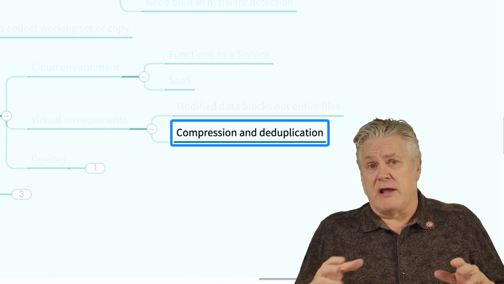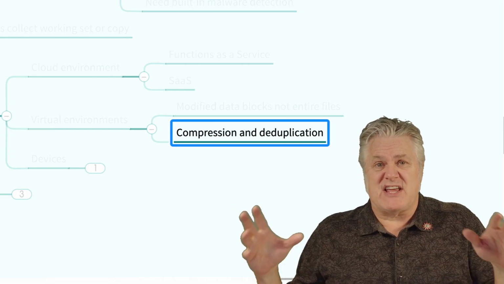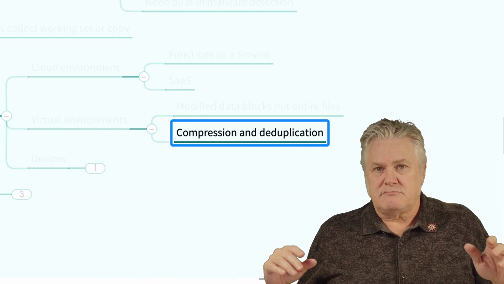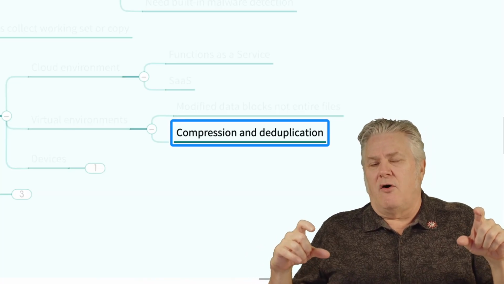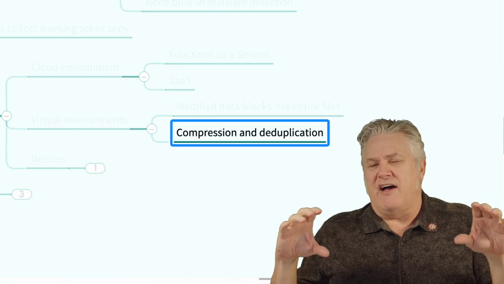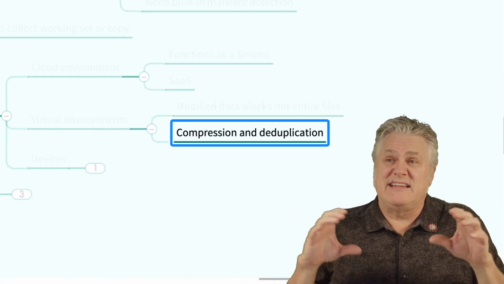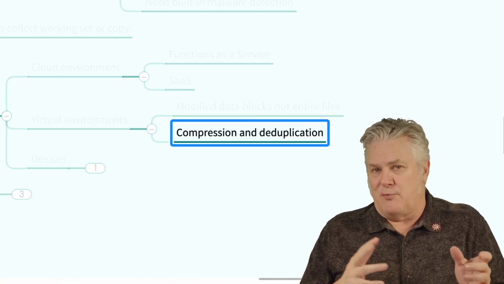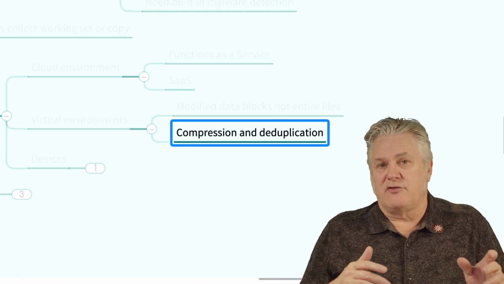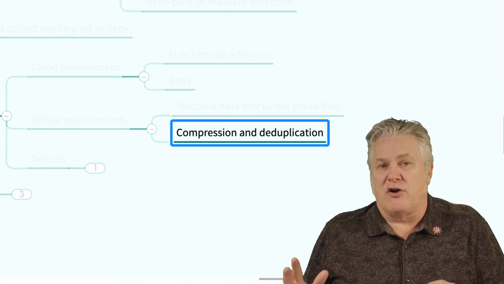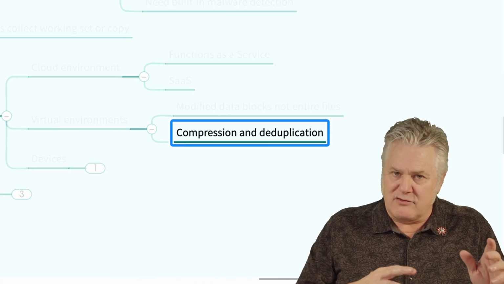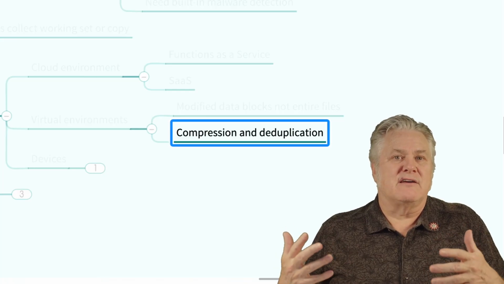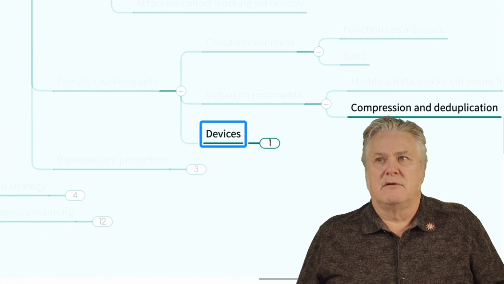Also, if we're running multiple virtual machines of the same flavor and same type on the same infrastructure, we don't need all of the operating system files within that. And in fact, we can deduplicate that information while it's running, so that also helps us with our backing up. We can also do compression on those files that aren't used that often, again, so that we can reduce our overall copy cost, if you will.